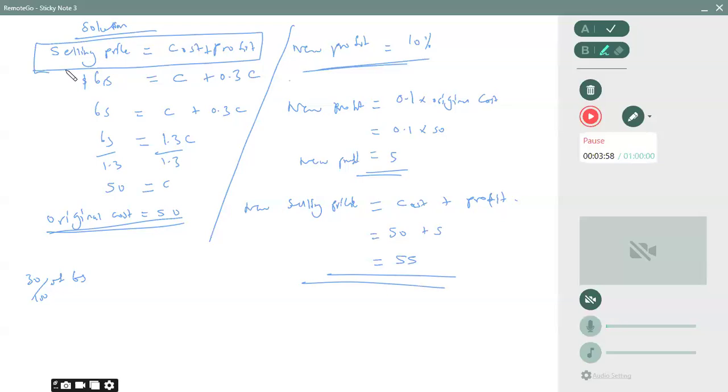When we go back to our formula, the new profit is $5 at 10%. Yes. So that is what you add to the former original value, and then you get the new selling price as a result of the decrease of profit.